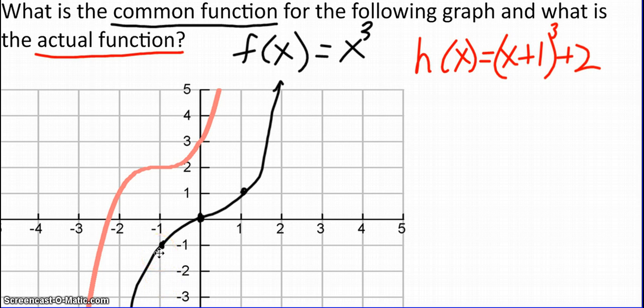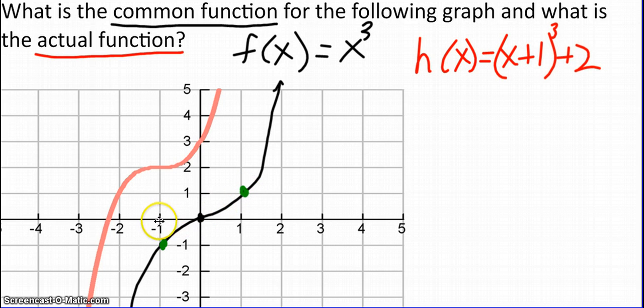Now, one thing you might ask yourself is, well, how do I know that there wasn't a stretch or a shrink in there? Well, I have to know some other points on the common function. And the 2 points that I focused on were this point and this point. So I know that from the center of the common function, if I go 1 to the right, I should go 1 up, unless there is some sort of stretch or shrink.